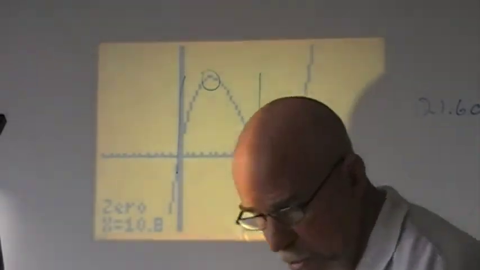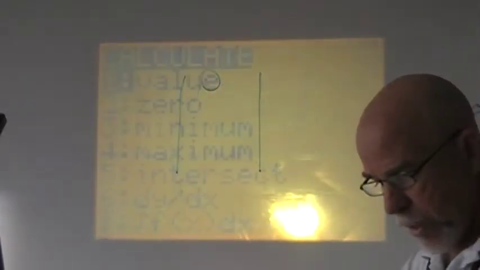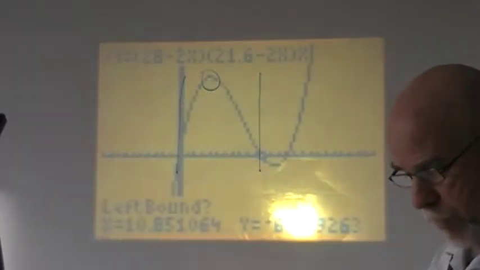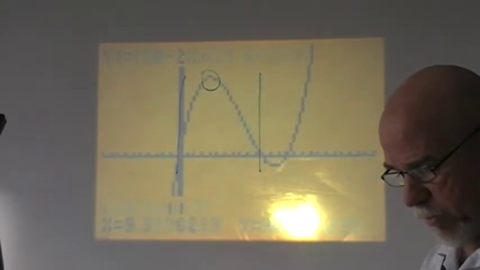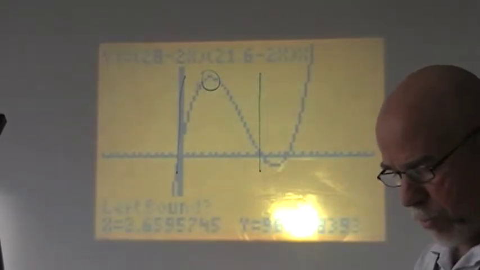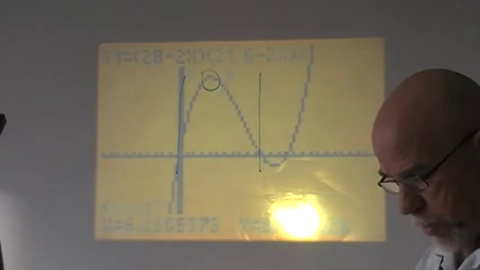So we can use our calculator to do the work for us and calculate the maximum, doing it the same way we've learned in previous lessons, telling the computer what interval you want me to calculate the maximum point for.